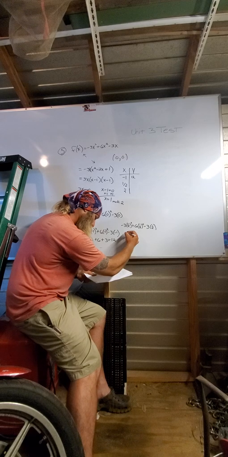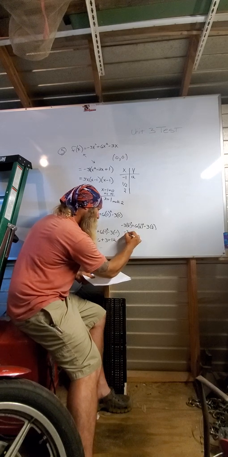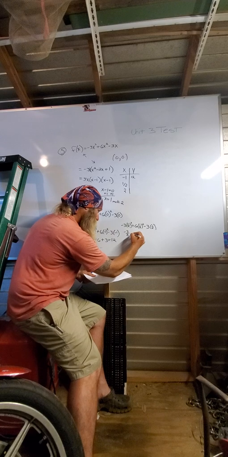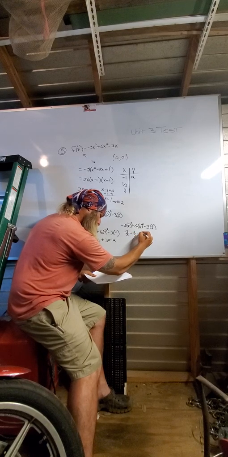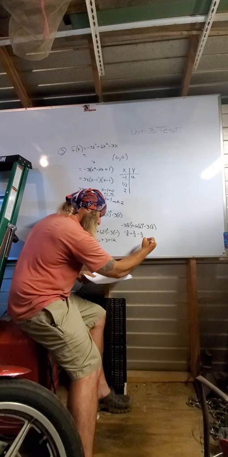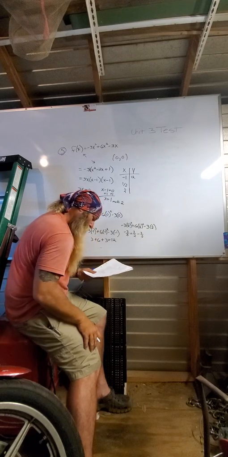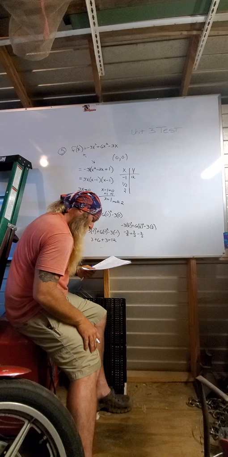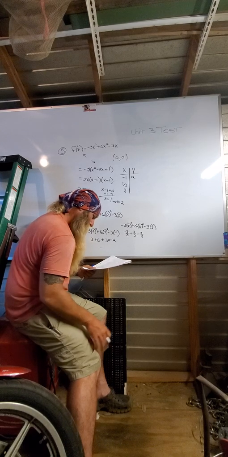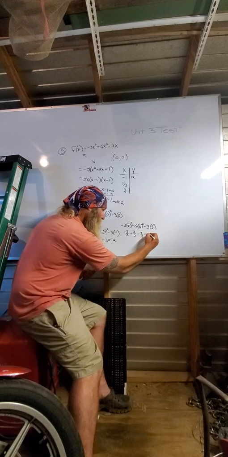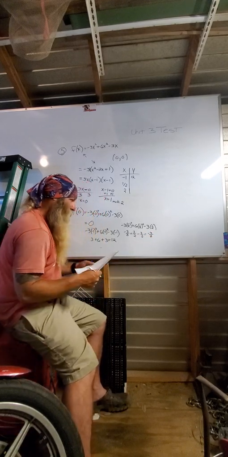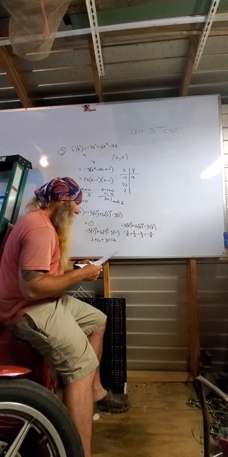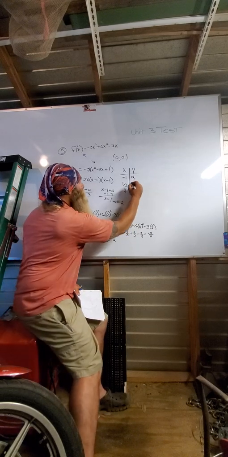And we come up with negative 3/8 plus 3/2 minus 3/2 equals negative 3/8. So negative 3/8 is our y at 1/2.